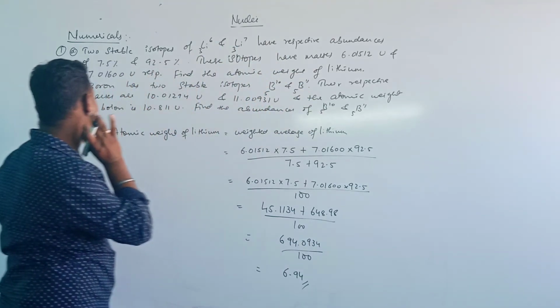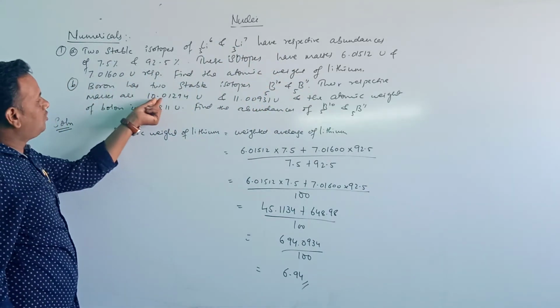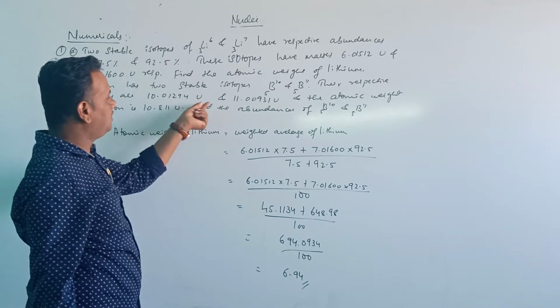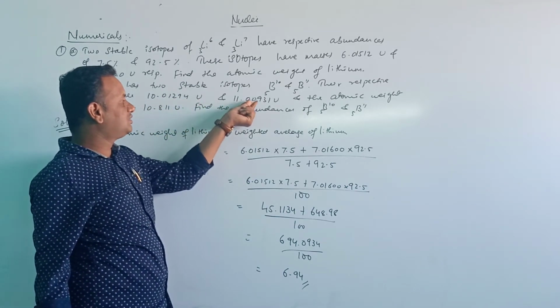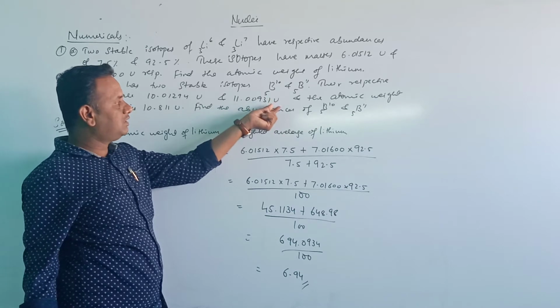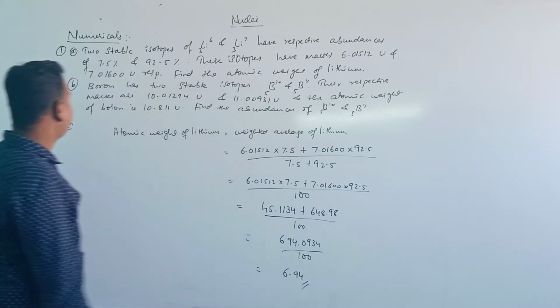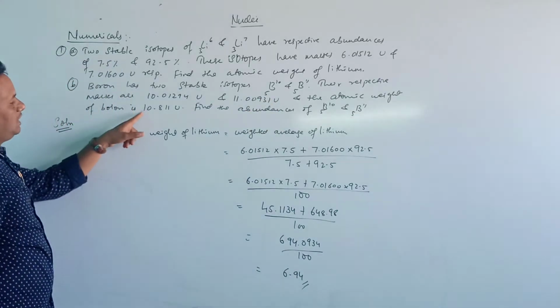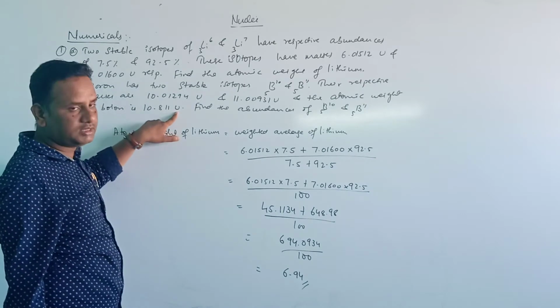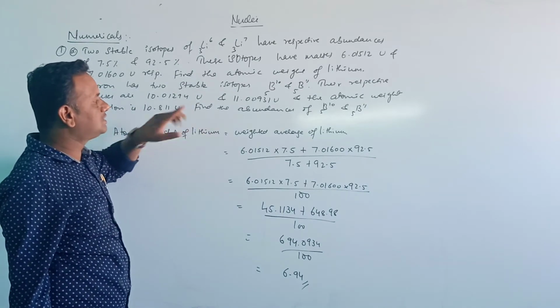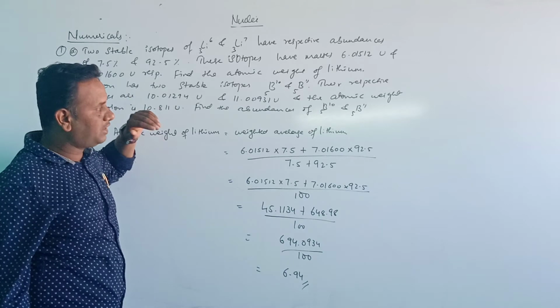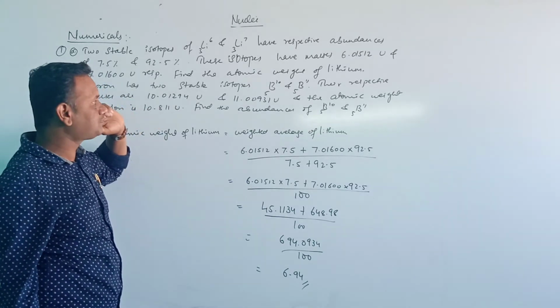Their respective masses are 10.01294 atomic mass unit and 11.00931 atomic mass unit, and the atomic weight of boron is 10.811 atomic mass unit. Find the abundances of boron-10 and boron-11.